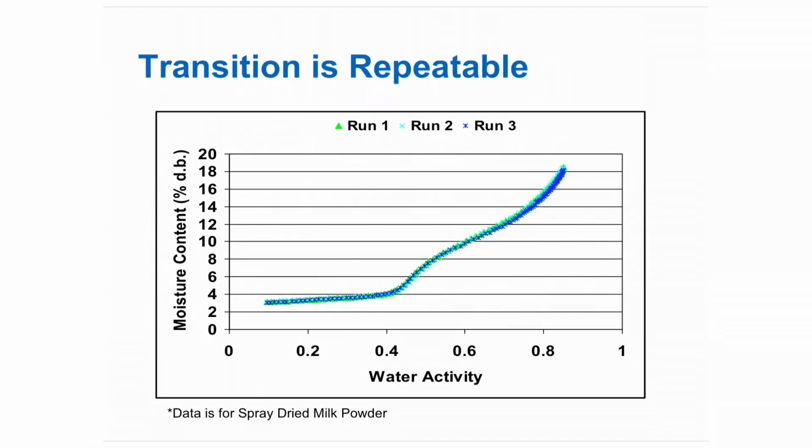Now the question is, is this a real phenomenon that happens due to the uptake of moisture? And in fact, the transition is repeatable. You can run it multiple times on the same product and you'll essentially get the same isotherm curve.